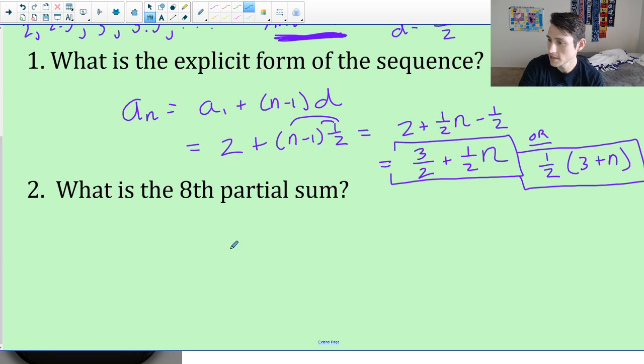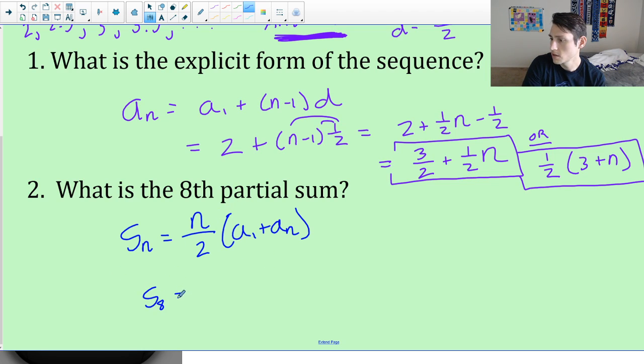And then number 2 asks us, what is the 8th partial sum? Since it's arithmetic, we have a formula for arithmetic partial sums, which is n divided by 2 times a1 plus an.